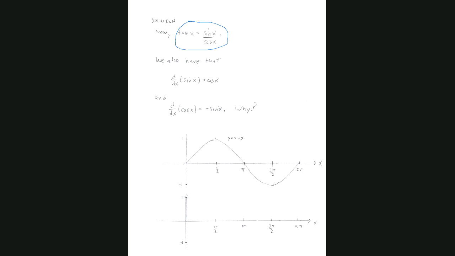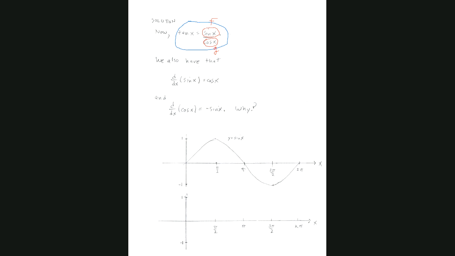But in order to use the quotient rule, the sine of x would be the function f, and the cosine of x would be the function g.